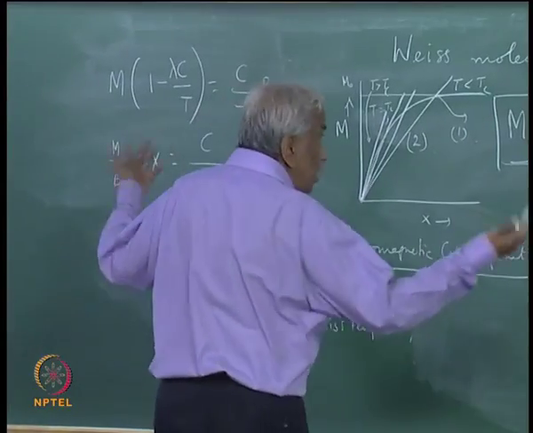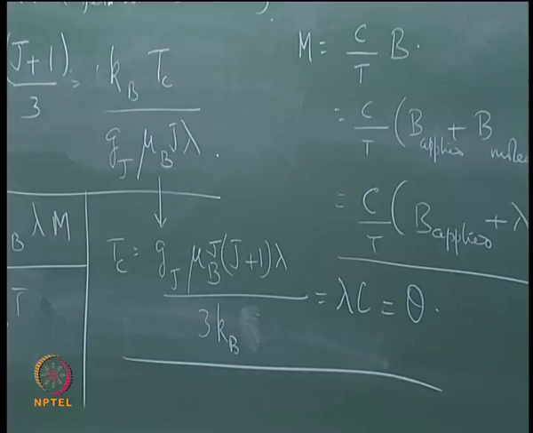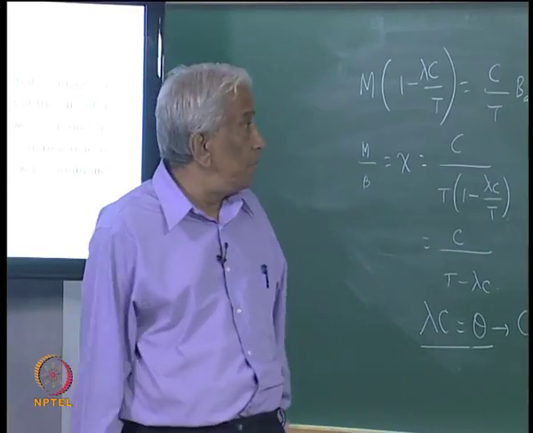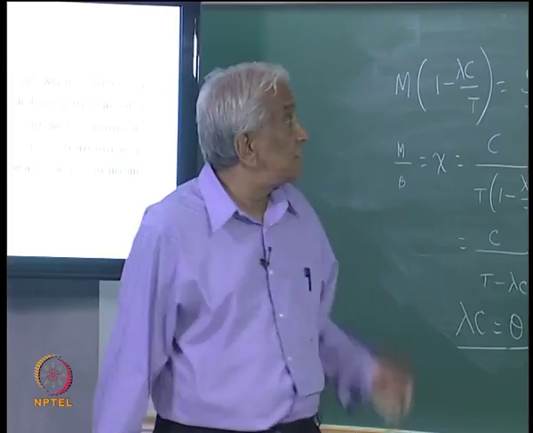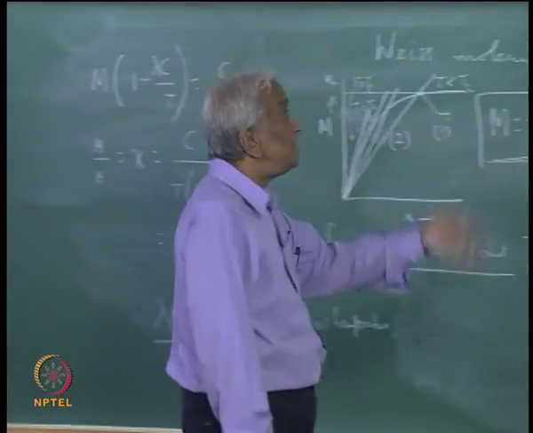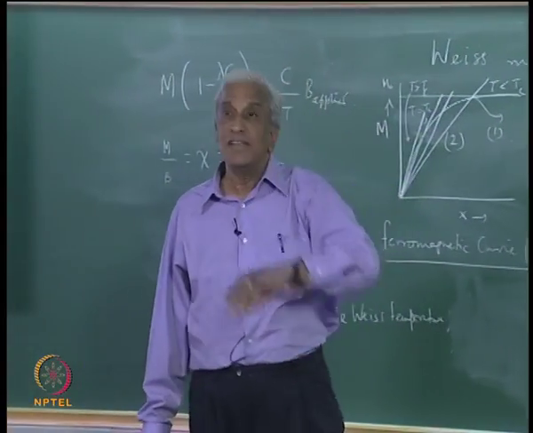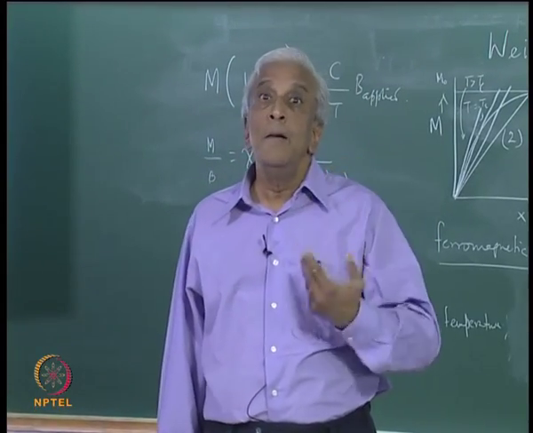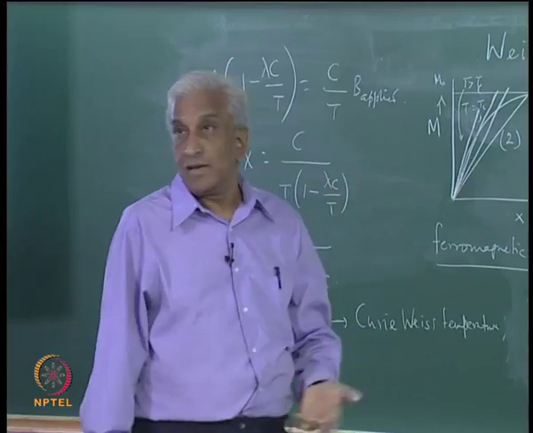Of course, all this is very nice. Phenomenologically, it gives a very nice explanation for all the observed facts of paramagnetism and a simple ferromagnetic material. But still, we are left with the basic question of what is responsible for the existence of such a molecular magnetic field.